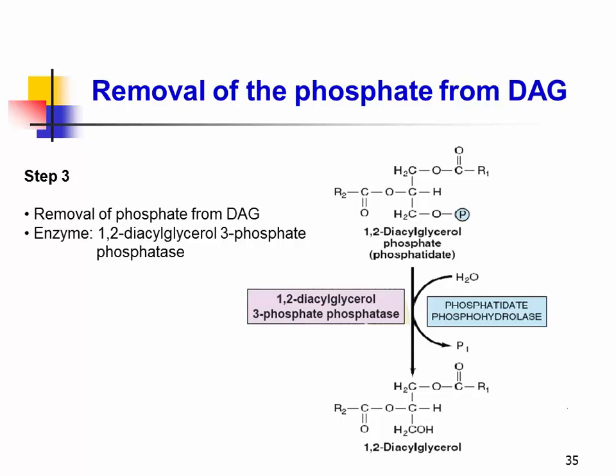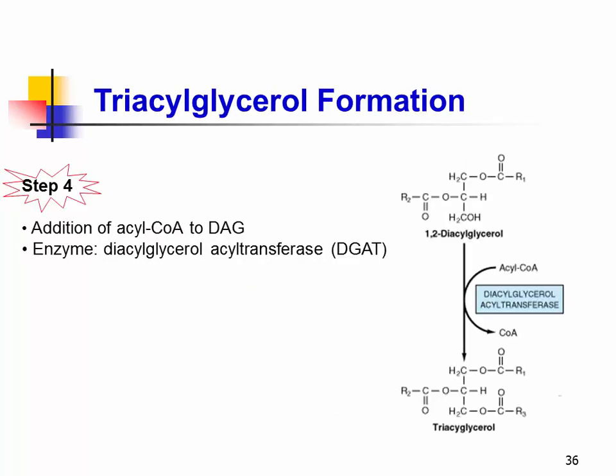This reaction removes the phosphate group, generating diacylglycerol here. And then you're able to add the third fatty acid to the SN3 position, generating the triglyceride. So just want you to know the steps: you're adding the fatty acids step by step and forming triglyceride.